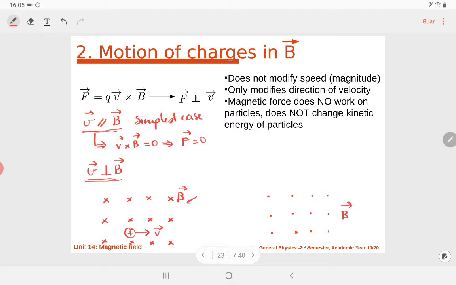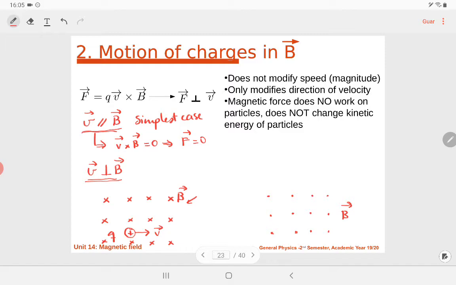In this case, if the particle has a positive charge, we can calculate the direction of the force. To do that, we apply the right-hand rule. On our index finger we put the velocity pointing towards the right.